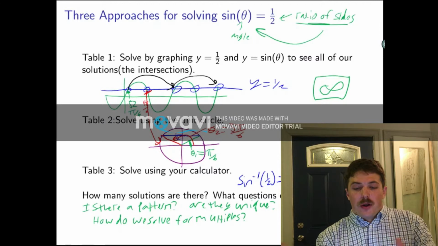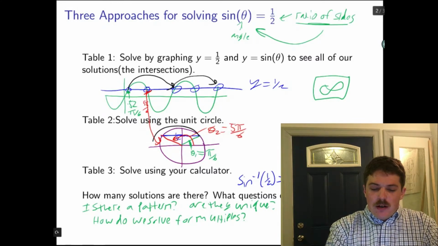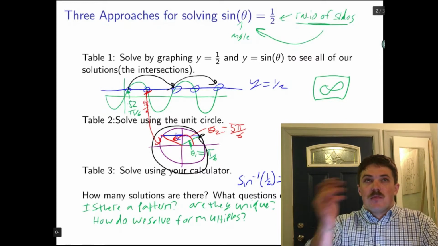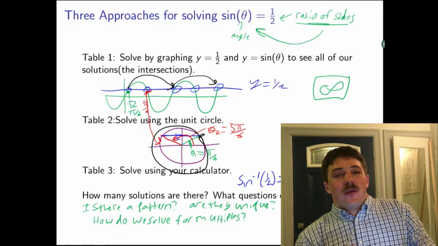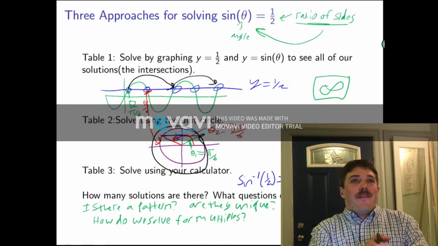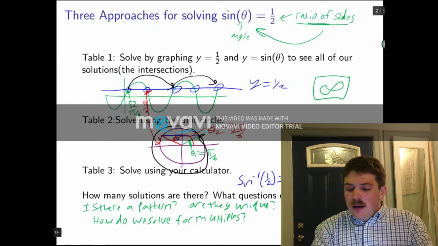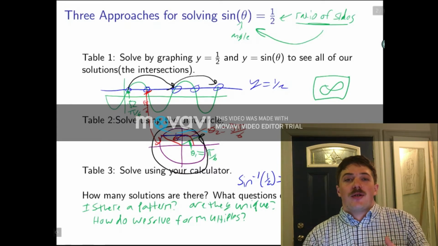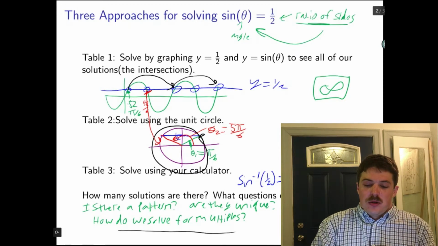It's just a whole period forward. We can see that on our curve or just by rotating around. We're going to get that solution again as we do more and more laps around our unit circle. So ultimately, we have these two unique solutions that are repeated infinitely, but our calculator only gives us one because of that restricted range.